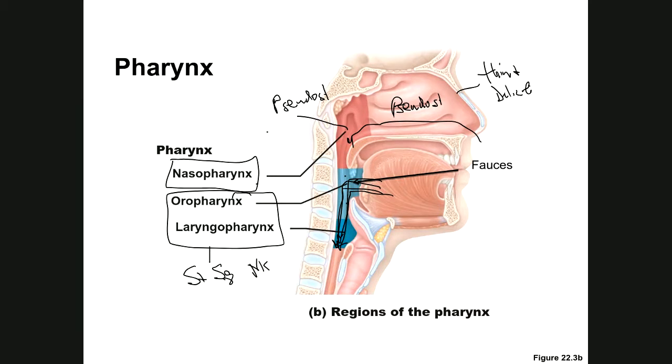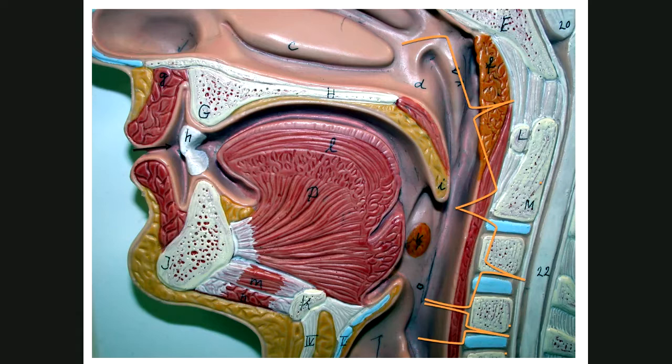So it's thick. It's got lots of layers. And so if you do rub some of them off, there's plenty more layers left there before you get down to blood vessels. So, nasopharynx, pseudostratified. Oropharynx, laryngopharynx, stratified squamous.